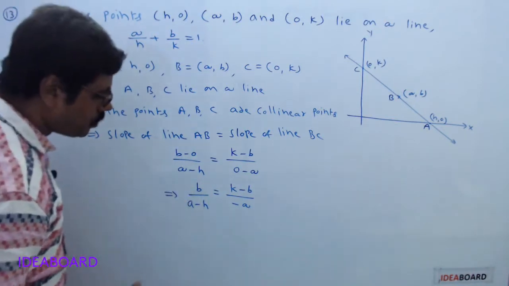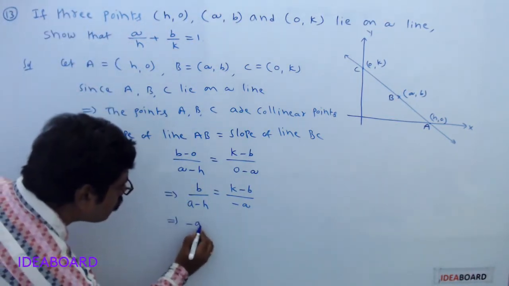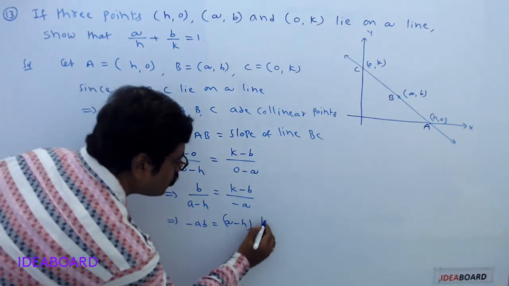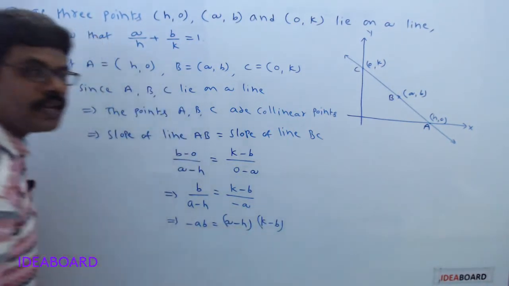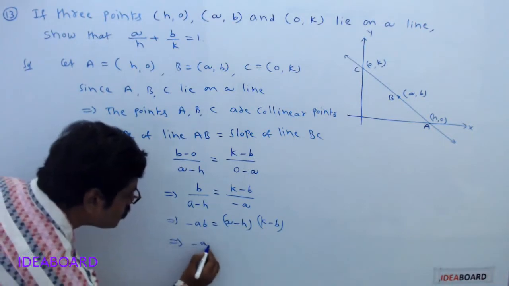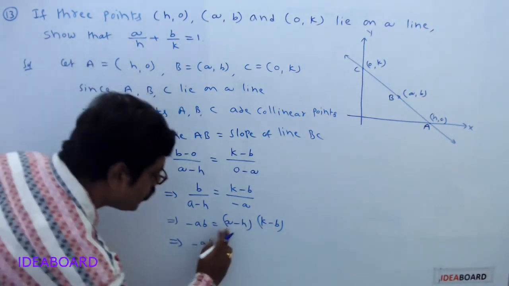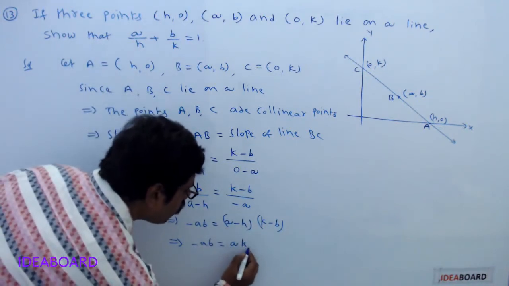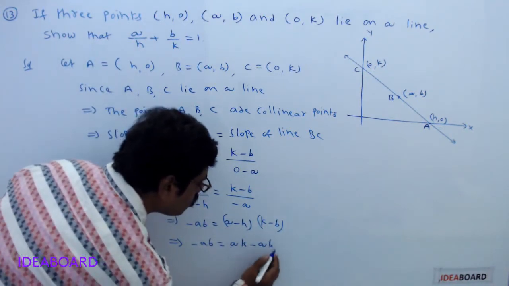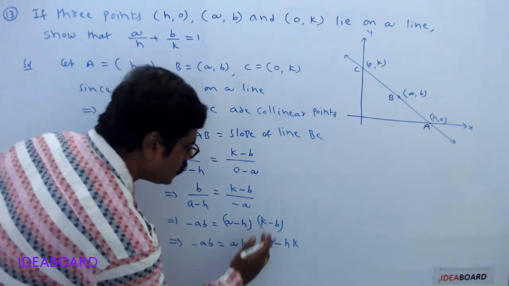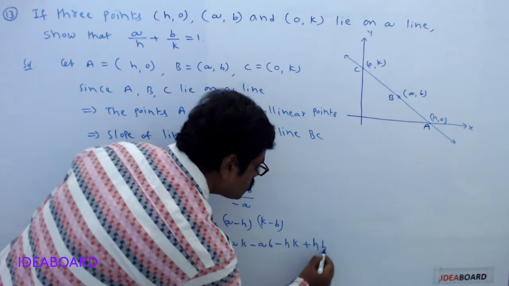Now do the cross multiplication. This is minus ab equals a minus h into k minus b. So from this, minus ab equals, multiplying these two factors, a into k minus ab minus hk minus h into minus b plus hb.